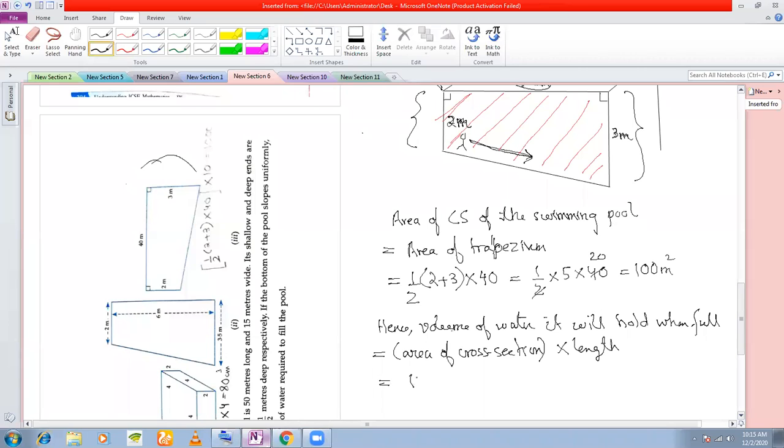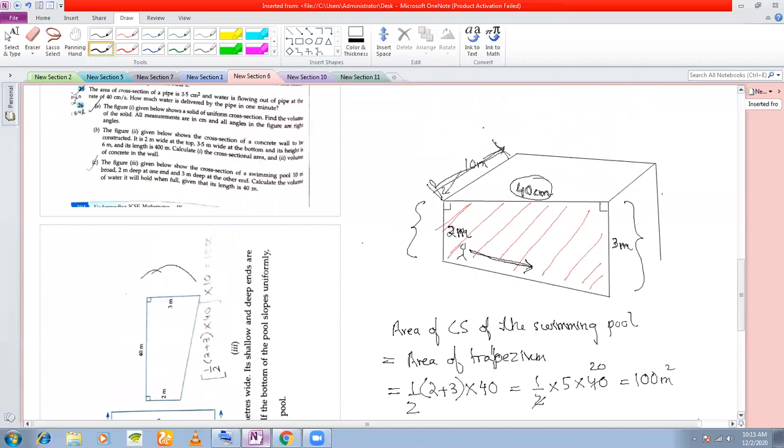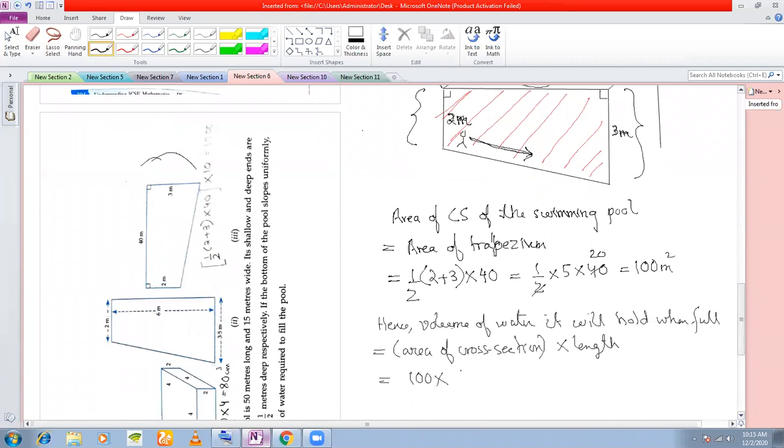Area of cross section we have found out to be 100. And what is the length here? This distance, this length here is 10. So this is 1000 meter cube. Clear?